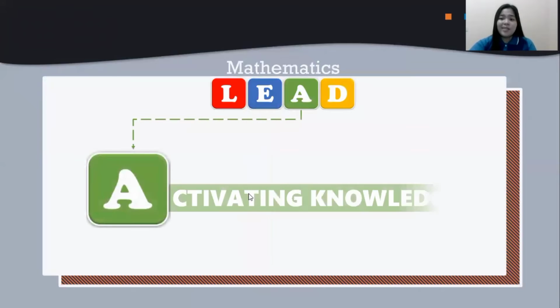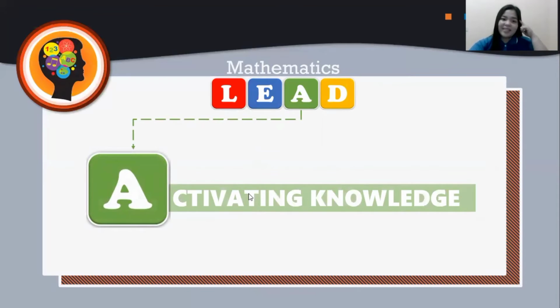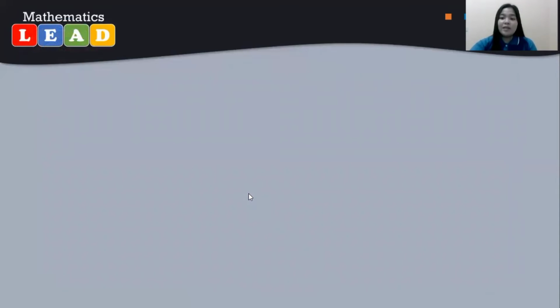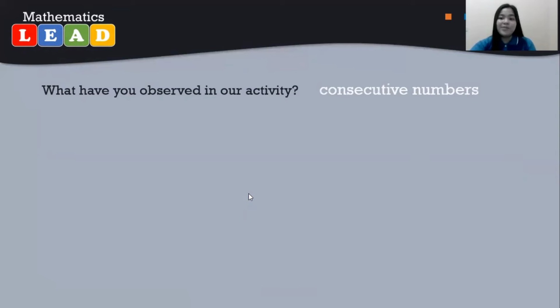For now, let's do the activating knowledge. What have you observed in our activity? Did you also notice that the answers are all consecutive numbers? That is because we are going to use that in determining between what two integers the square root of a number lies.